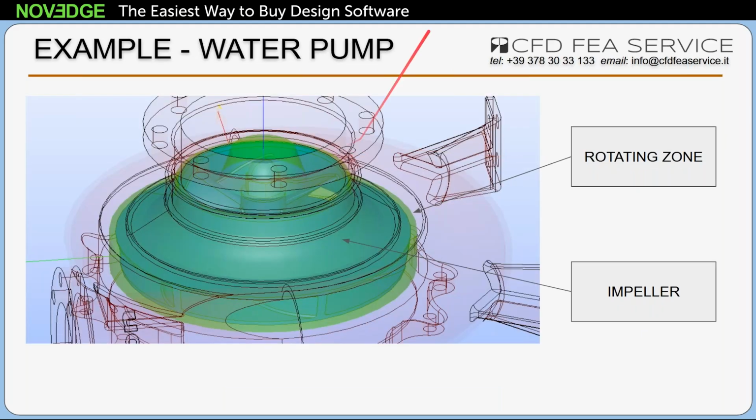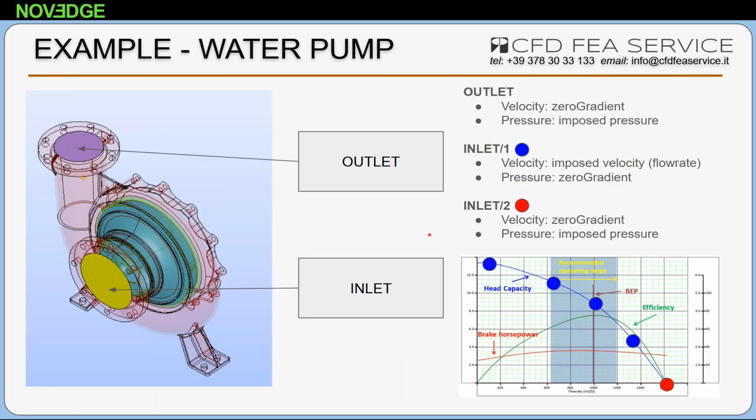And here we have a zoom of the impeller, which is completely within the rotating zone. Everything is triggered by the presence of the impeller, which in the CFD software, as a boundary condition, must be placed into rotation, but also by the boundary conditions applied at the inlet, here in yellow, and the outlet, here in purple.